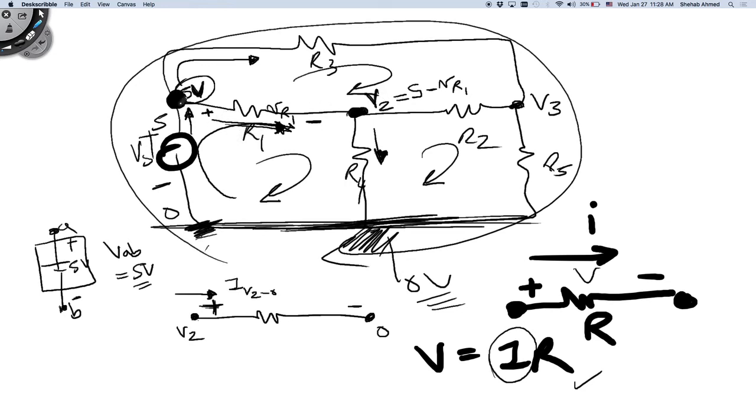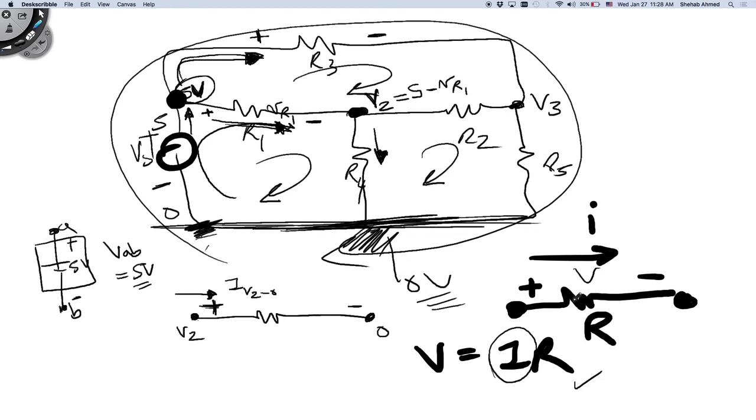Also, what else did I find? The current flowing in this branch is equal to what? If I assume the current is flowing this way, I put a positive sign here and a negative sign here. How do I find the current flowing through this resistor?